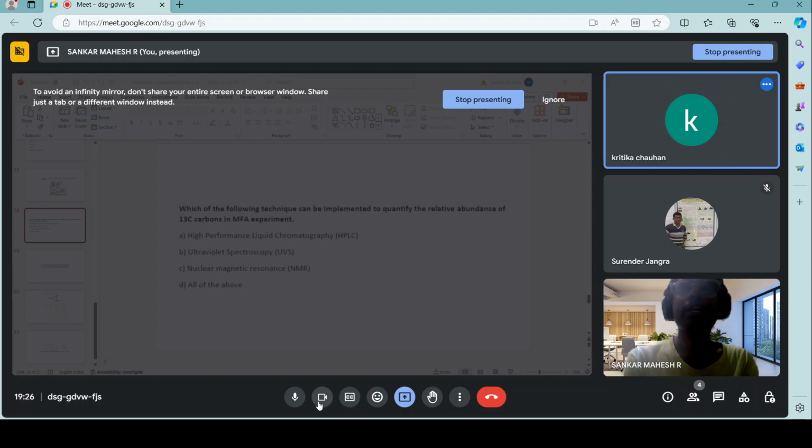Yes, sir. Here it is mentioned there is 13 carbon, which is basically used as a labeling one. So if we have a substrate, that means this 13C will label. For example, I have a 6 carbon substrate.